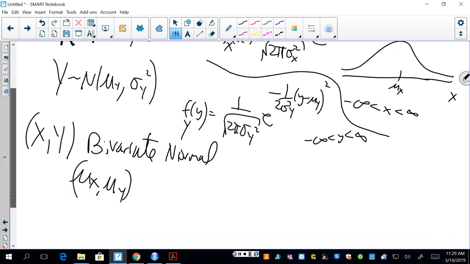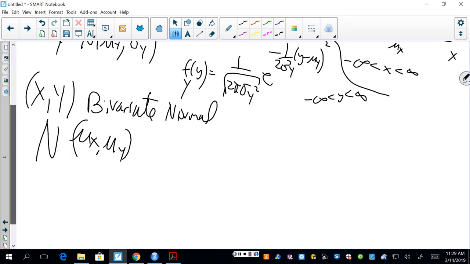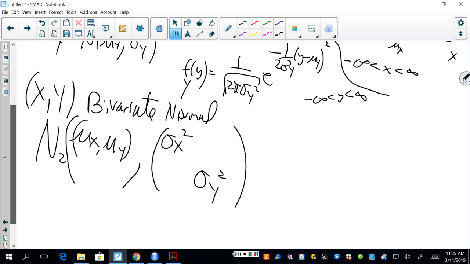Some people write it like a normal with 2 dimensions to it, sometimes with the dimensions down here to keep track of them. There's a variance for x and a variance for y. There's also a covariance between these 2. So the way you usually see it is something like this.